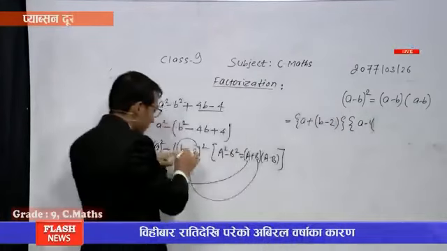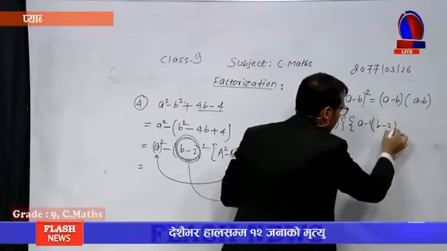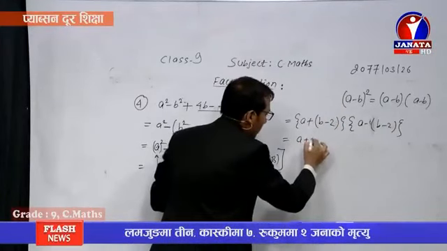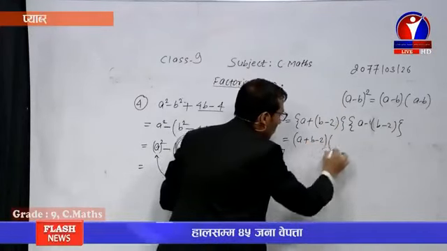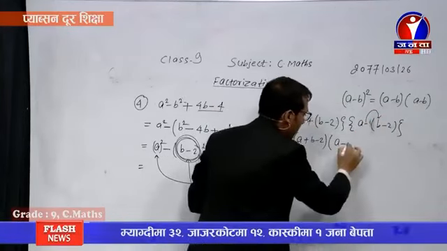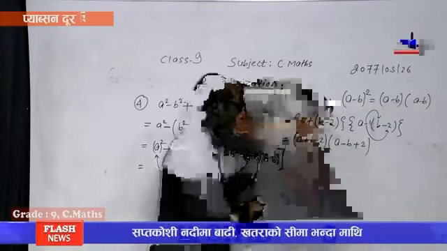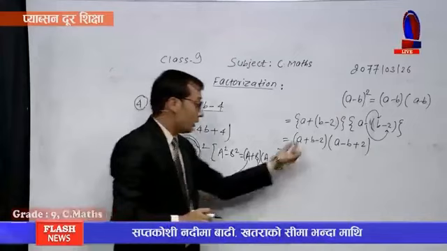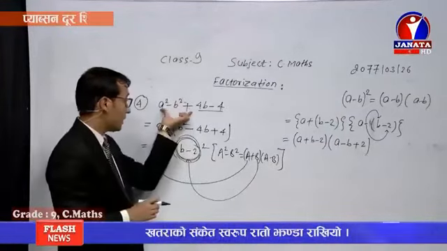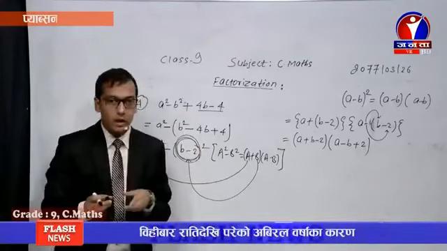B is the second term in the bracket, b minus 2. Just let's simplify this. A plus b minus 2 times a minus, we can open the bracket with negative sign, so minus b, minus minus becomes plus. So these are the two factors of this expression, a square minus b square plus 4 times b minus 4.